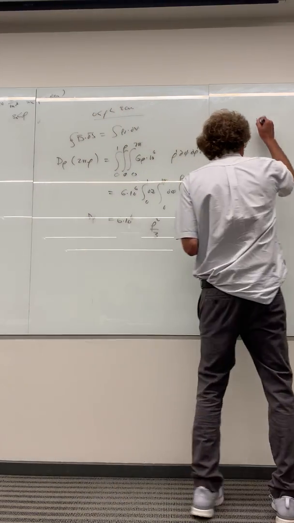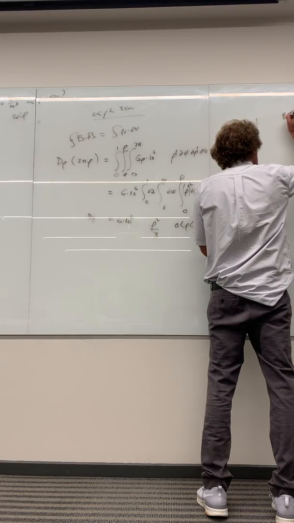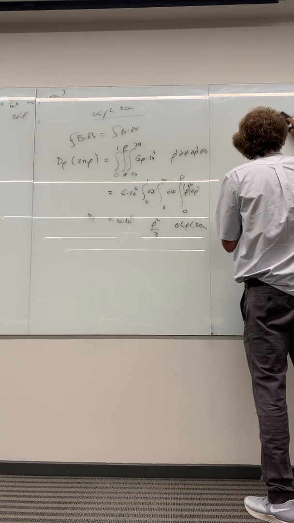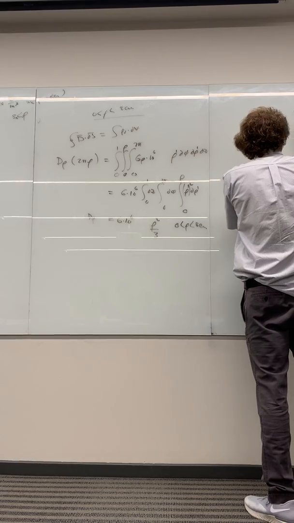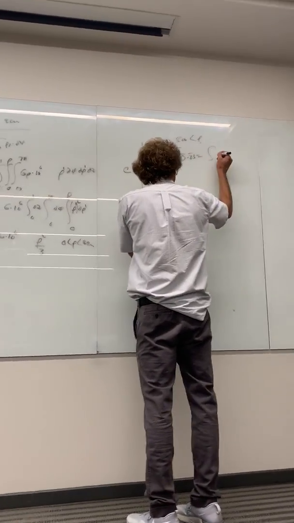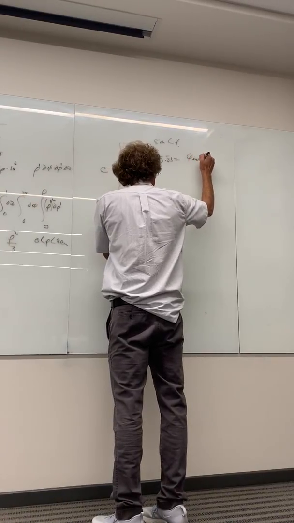Now, when we go outside for rho greater than 8 centimeters, what happens? Again, state Gauss's law. Closed integral of D dot dS is equal to the charge enclosed, Q enclosed.